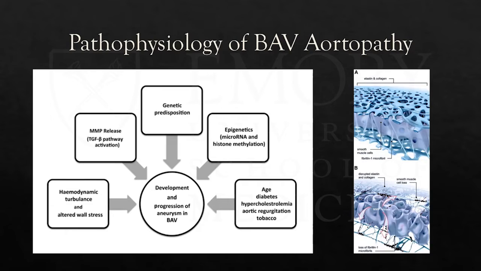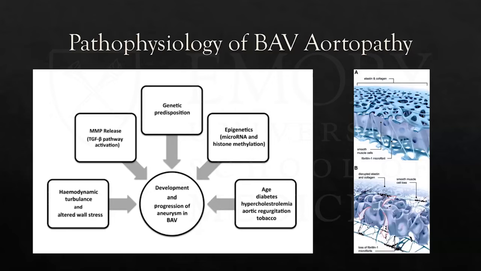Well, this smooth muscle layer has all these structural components that form a matrix that give it integrity. And one of those structural components is fibrillin-1. We oftentimes think of fibrillin-1 in Marfan patients who have abnormal fibrillin-1 due to genetic alterations.